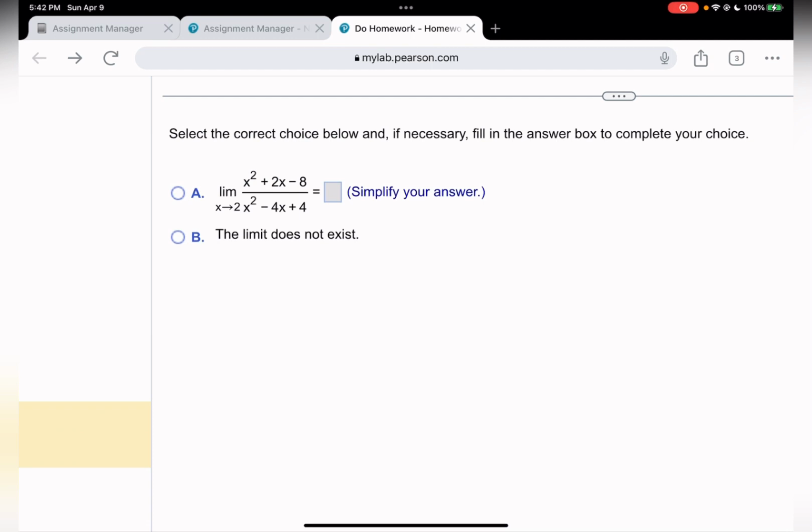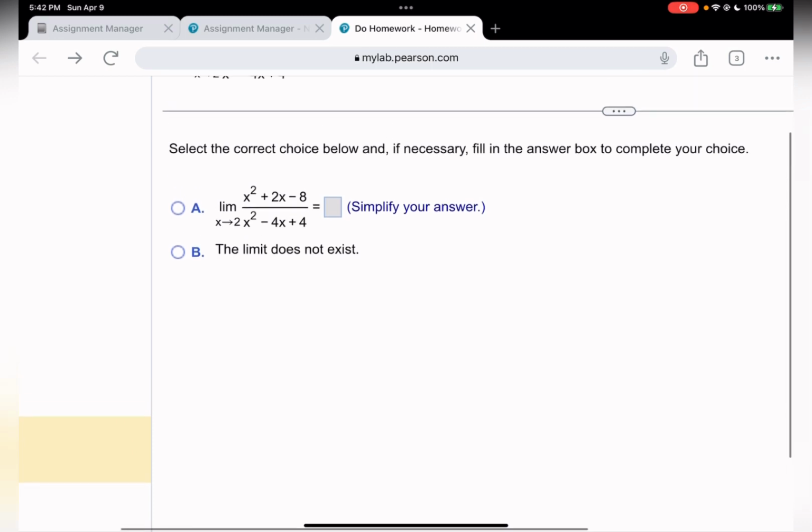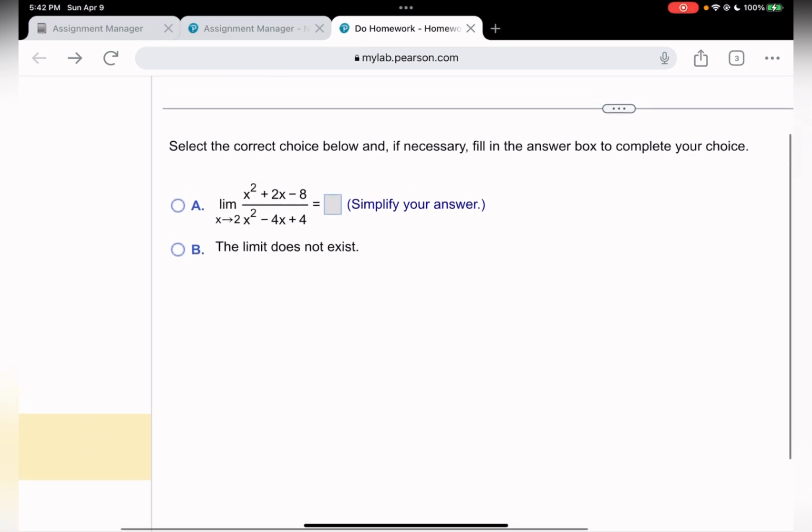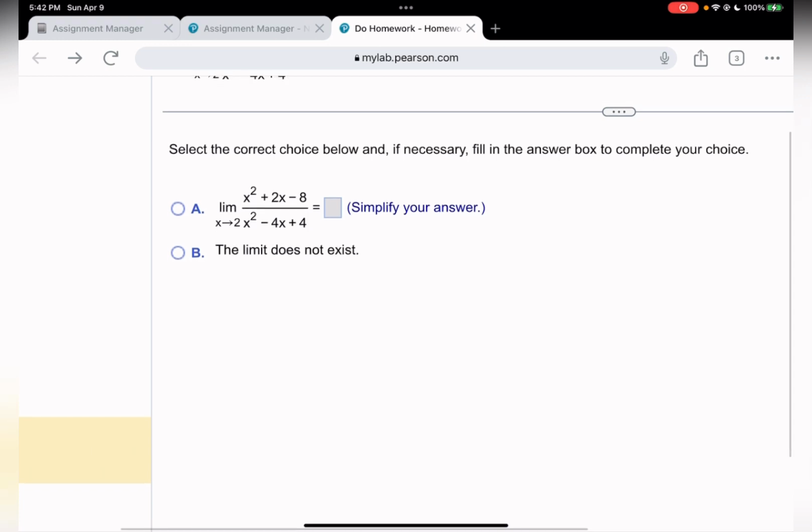Okay, in the case of 21, I am going to plug in again and let's see what we get. In this case, how are we going to solve it? We need to find the limit.